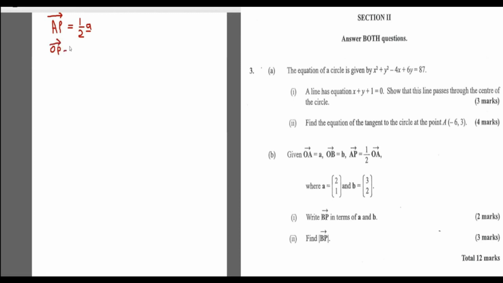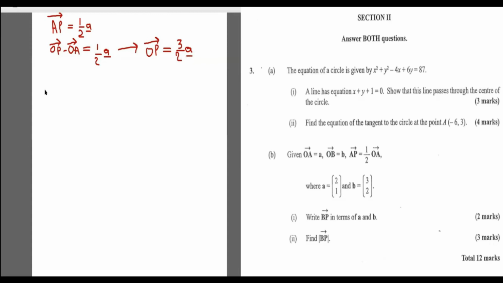So OP minus OA is AP, and that's equal to a half A. Now if we add OA to both sides, vector OP is equal to a half A plus A, remembering OA is just A. And so vector OP is 3 over 2A.